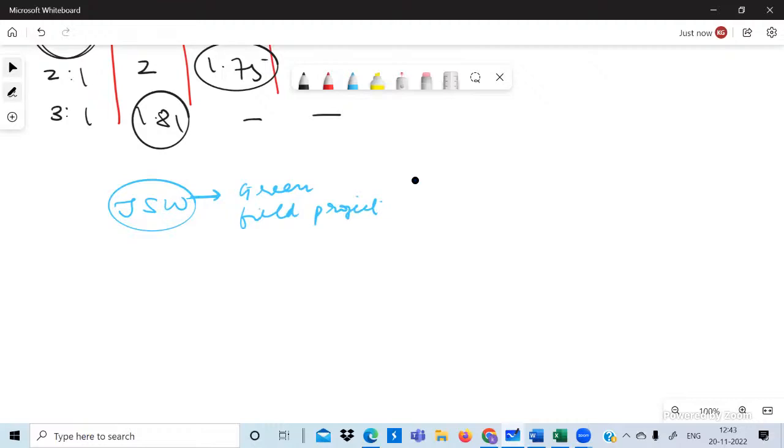First of all, anyone who has no idea what's a greenfield project? Anyone know who has an idea and can tell me what's a greenfield project? So you can either have a greenfield project or maybe you can have a brownfield project. Greenfield project is when you start from the scratch. It's a new project. You go to the new place and start from the scratch. So let's say you clear the grass and you start building your project.